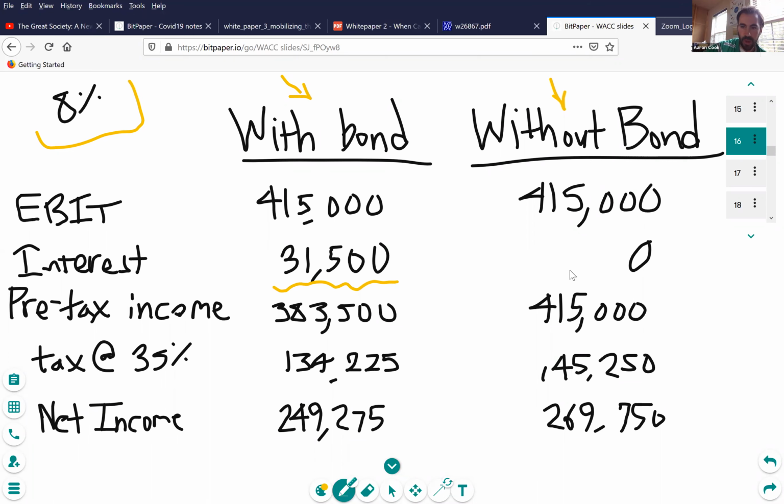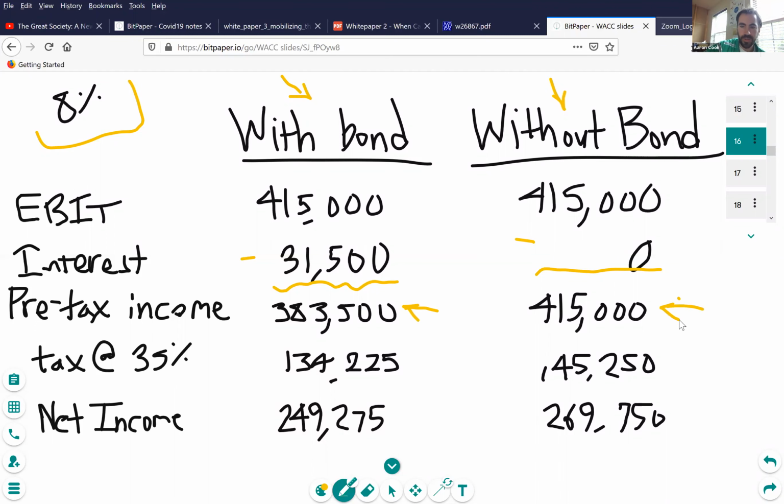Whereas without the bond, you have no interest payments. So that's going to affect your pre-tax income, because you subtract the interest from that EBIT, and so your pre-tax income in each of these cases is 383,500 in the case that you have a bond.